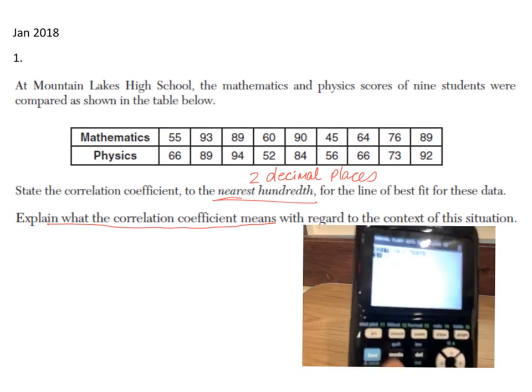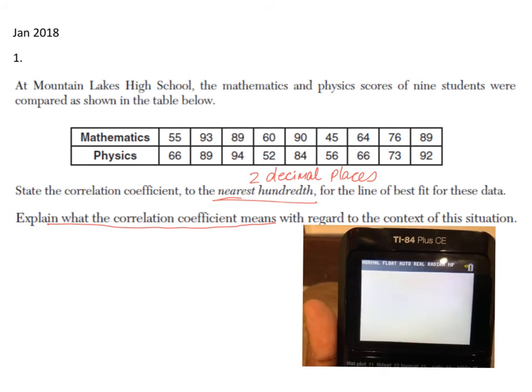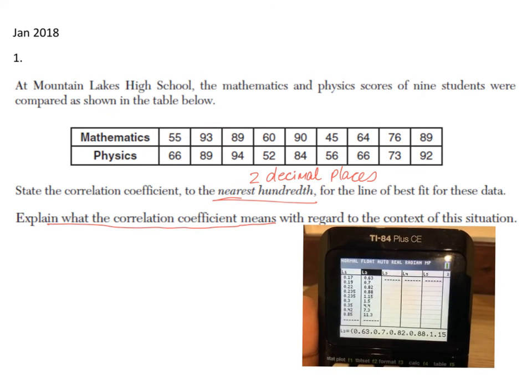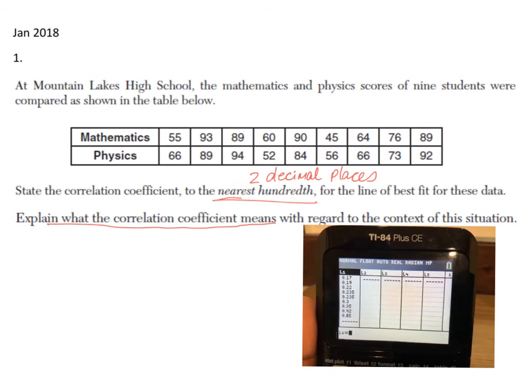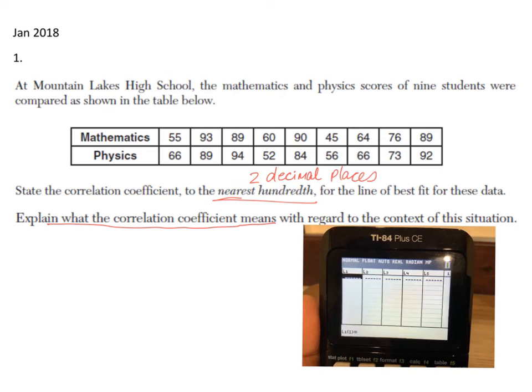So again, we'll go to stat, edit, clear everything as we've learned previously. So now we have all these values.